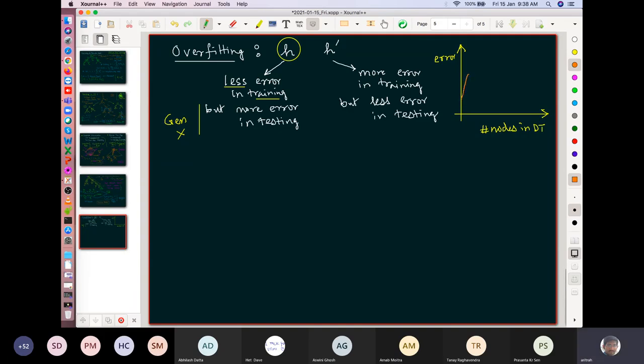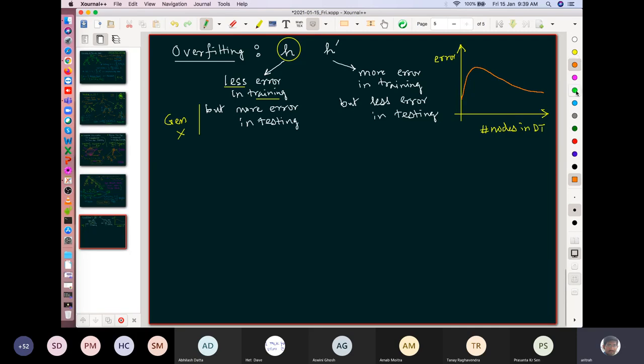For training data, initially you start off with some error, but after a certain point you will see that the error minimizes as you fit the data very well, and it goes on minimizing, because you are fitting every training instance. Each time you get a new training instance, you try to fit it in your decision tree. So your decision tree is performing perfectly well for training data.